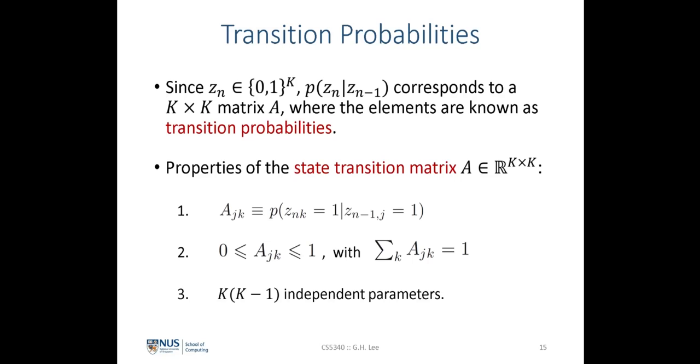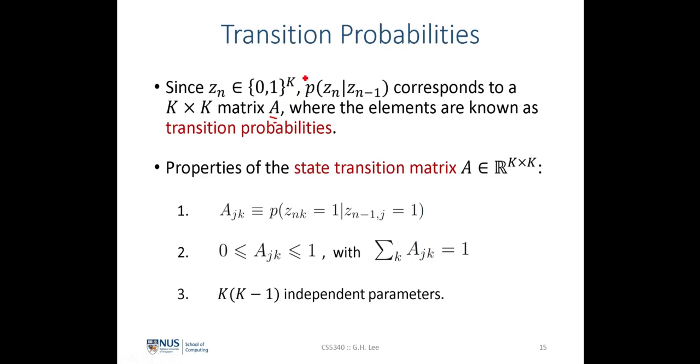So it should become apparent here that the transition probability of Zn conditioned upon Zn minus 1 would be described by a k by k matrix, which we denote as A over here. What this means is that since each one of the latent random variables is going to take 1 out of k states, there would be k possibilities of Zn conditioned upon a particular choice of Zn minus 1.